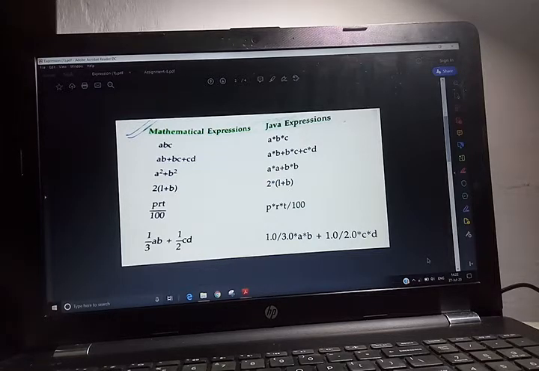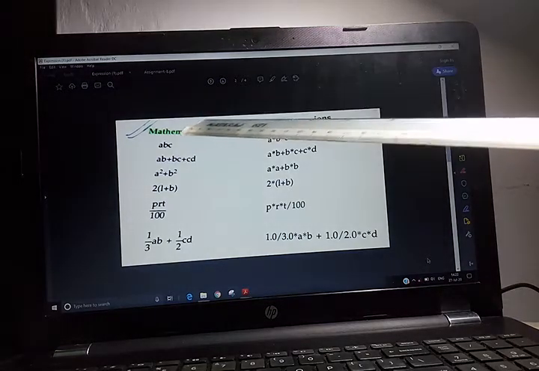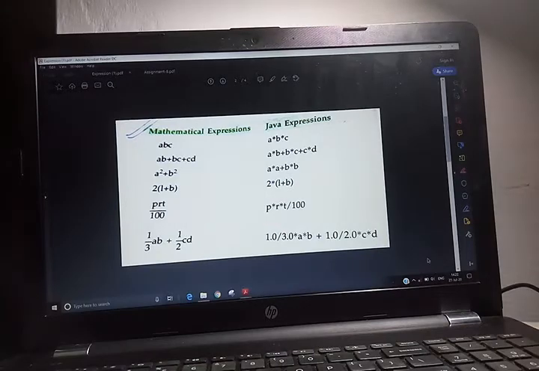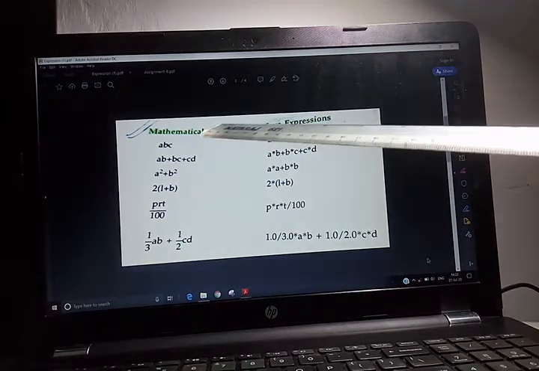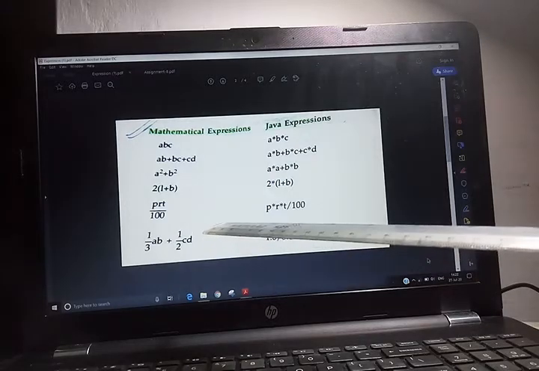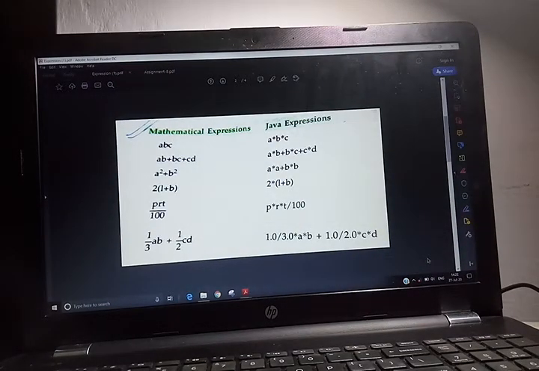How are you going to write a mathematical expression? These are all mathematical expressions. You have to write them as Java expressions. So the question comes, you are given a mathematical expression, you have to write it in Java. How are you going to write it?